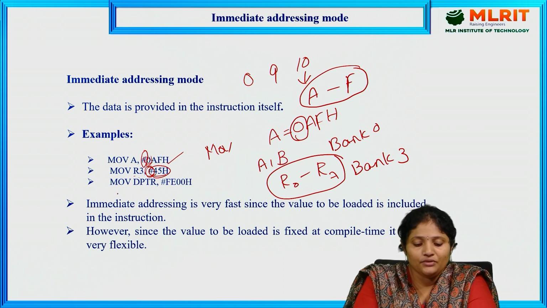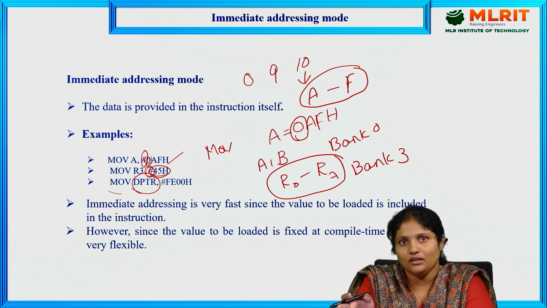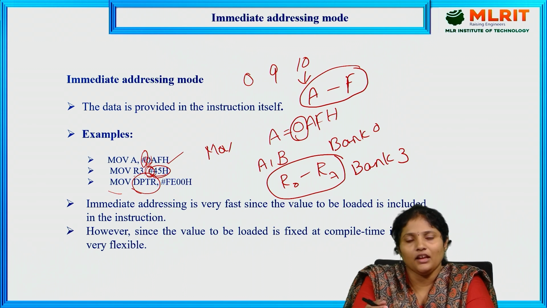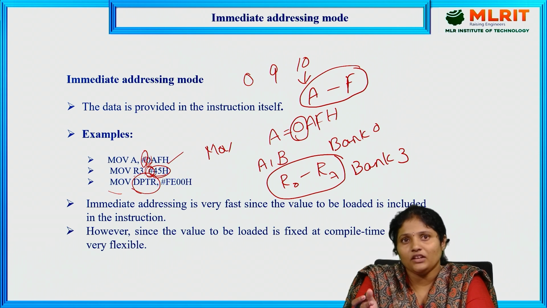Here, coming to MOV DPTR. DPTR is a data pointer which is used to access data from the external memory. In the 8051 microcontroller, the memory is in the internal memory, so to access internal memory we use other registers. To access the external memory, the 8051 controller can access 64 KB of external memory.